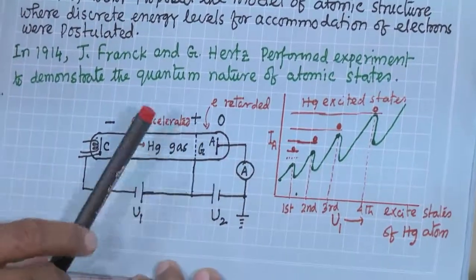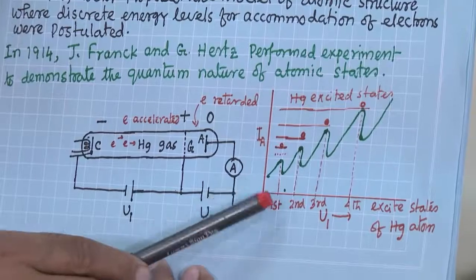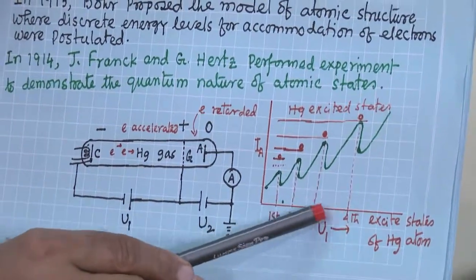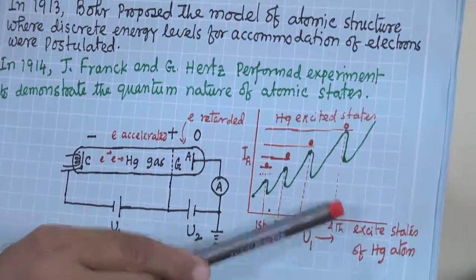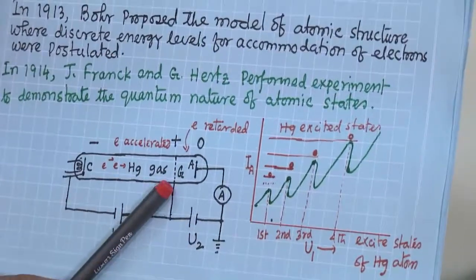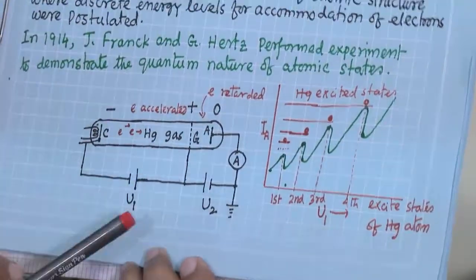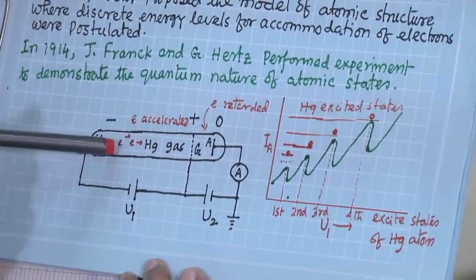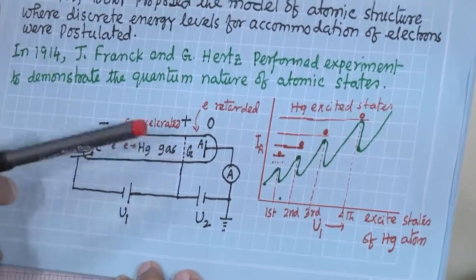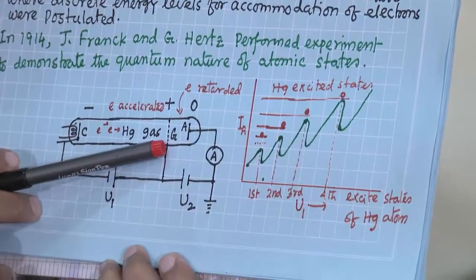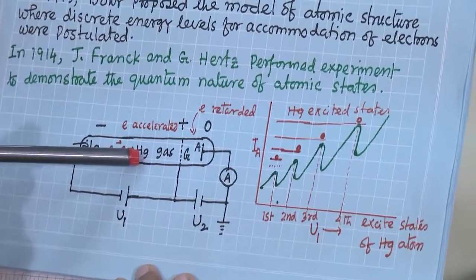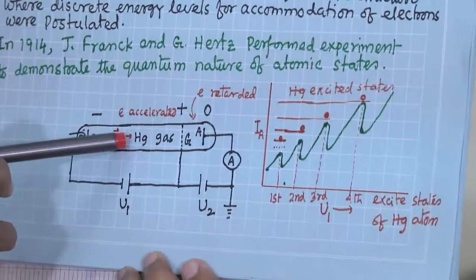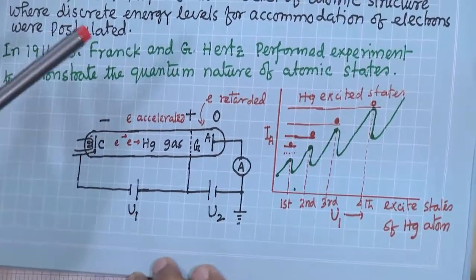And that is happening at a particular voltage, not at all voltages. The reason behind this is that mercury atoms are there.